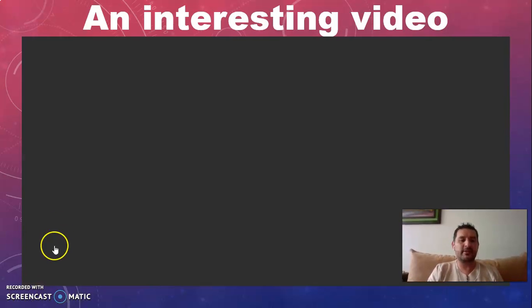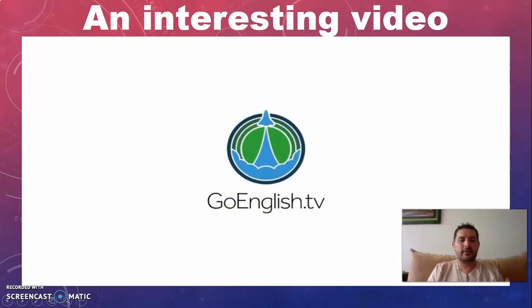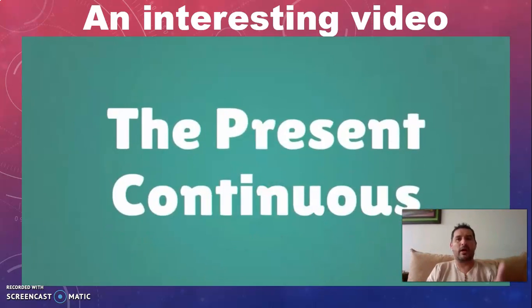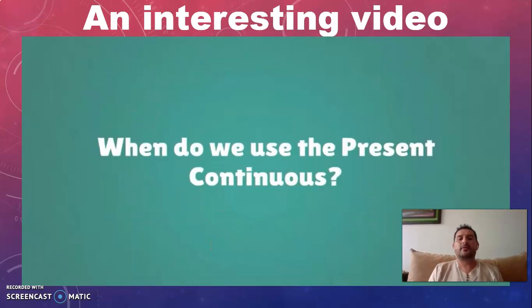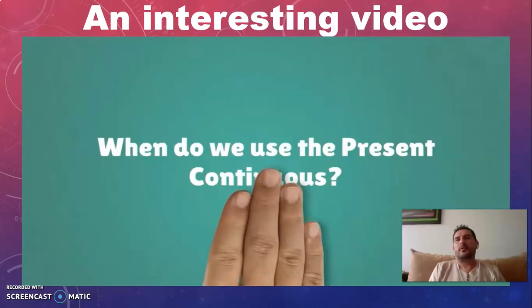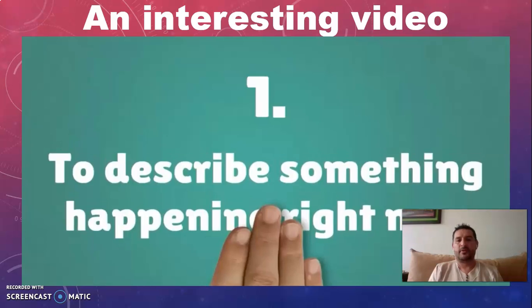Present continuous is the first activity. I would like to start by showing the students the general aspects of the grammar and the definition of the topic, which in this case is present continuous. So they are going to know when they have to use the present continuous.